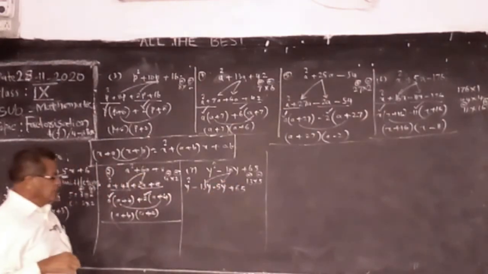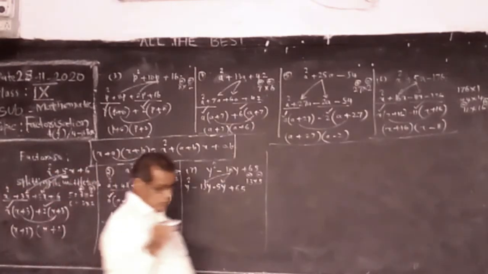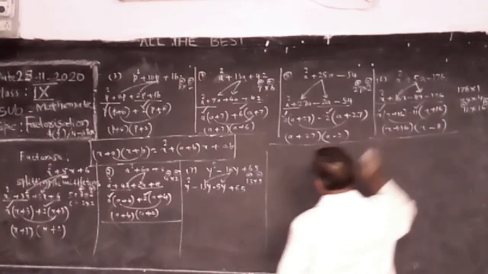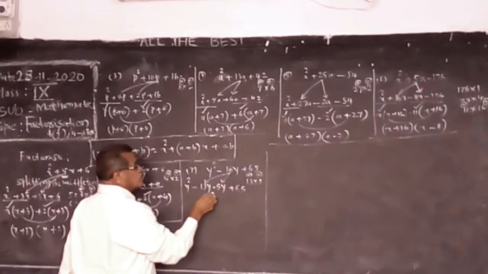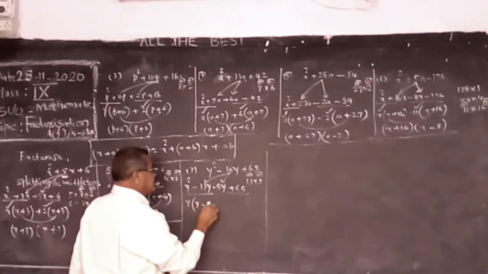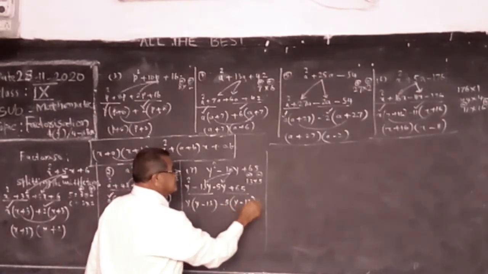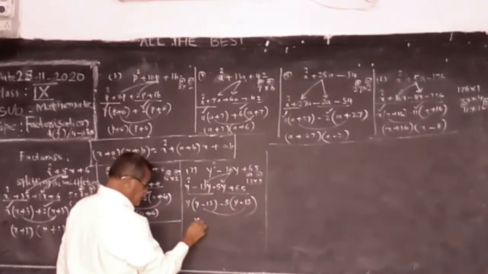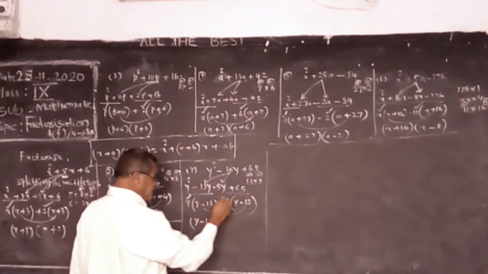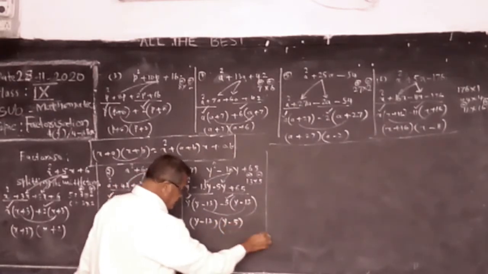Taking y common, y minus 13; minus 5 taking common, y minus 13. Again common, y minus 13 into y minus 5. These are the factors.